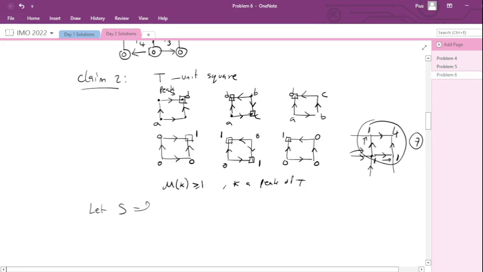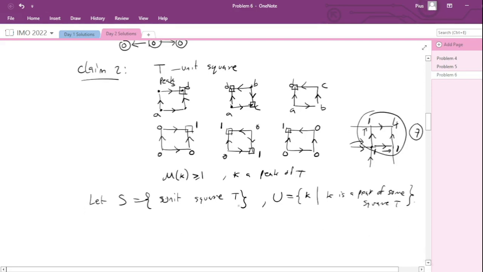Let S be the set of squares or unit squares T. Okay, and then let U be the set of K such that K is a peak of some square, let's say T. Okay, so this will be the basis of what we'll be working on.